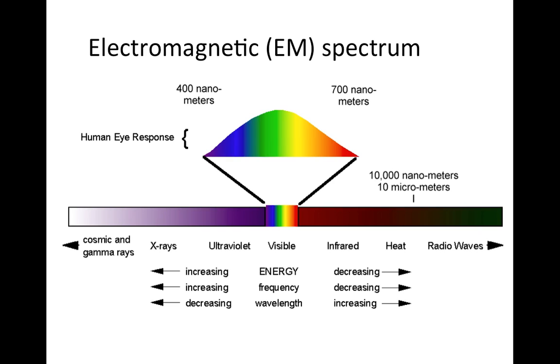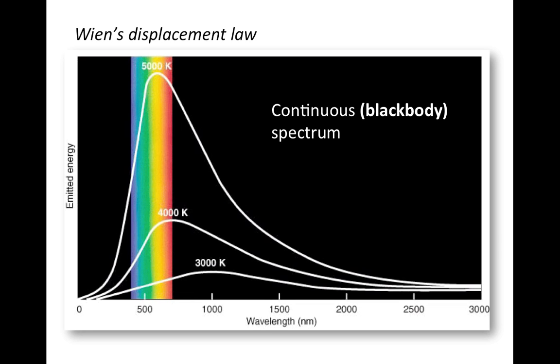The actual radiation given off depends on the temperature, and this is something else we'll be looking at later. This is called a continuous or black body spectrum. The wavelengths here on the bottom, and the amount of radiation given off by an object when it's heated, depend on the degree to which it is heated.